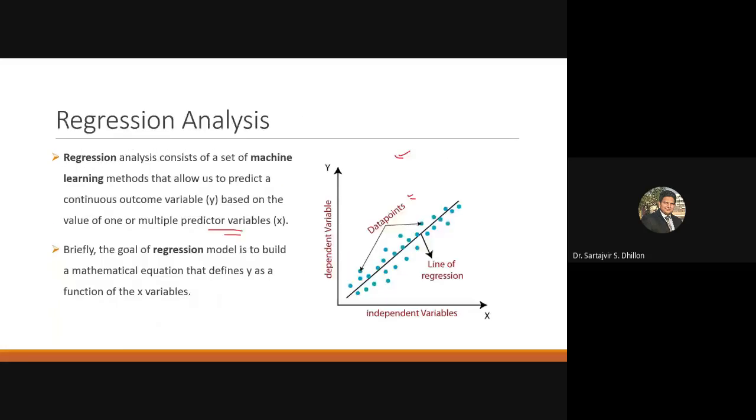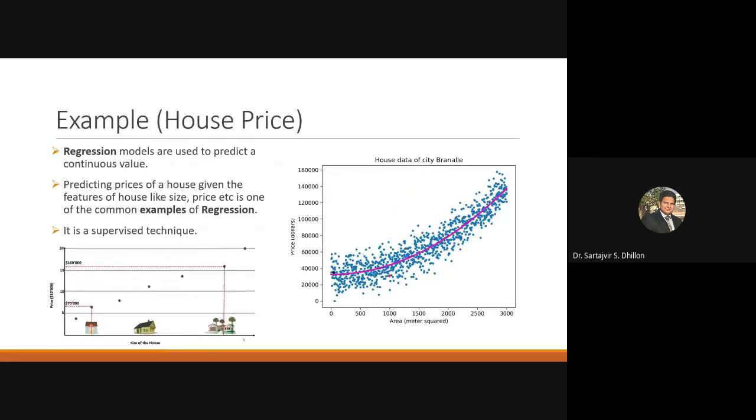This is a basic definition, and now let us understand the regression model with the help of house prices. Regression, as we know, is basically used for prediction and forecasting purposes, and we can also use it for forecasting the weather.